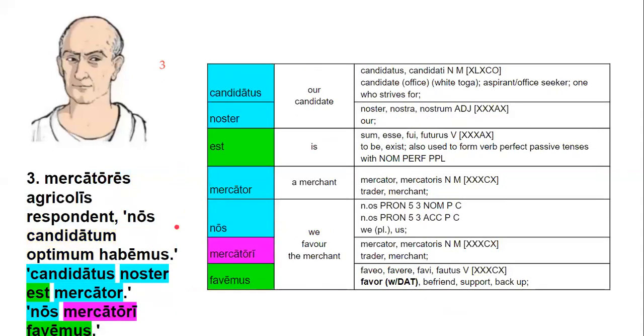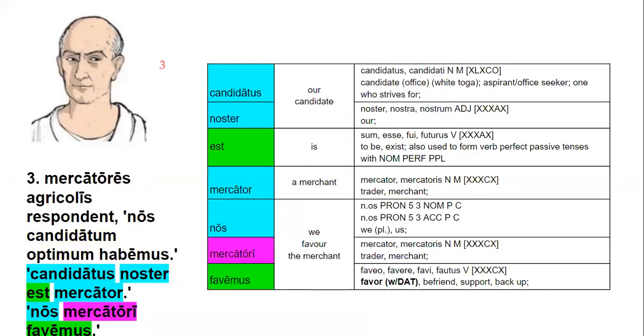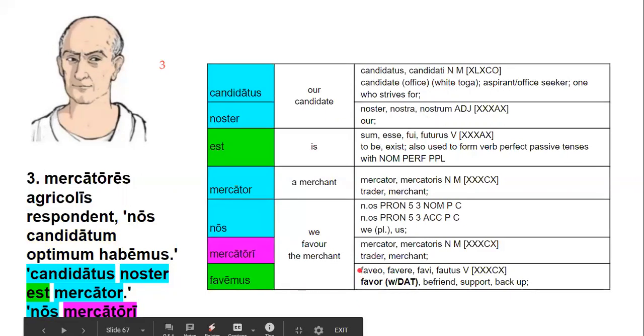Still more information. Notice that down here, faveo is one of those verbs that has different meanings, whether it takes dative or not. And we see that down here in the translation, the dictionary entry, we see faveo with dative means to befriend, support, or back up.